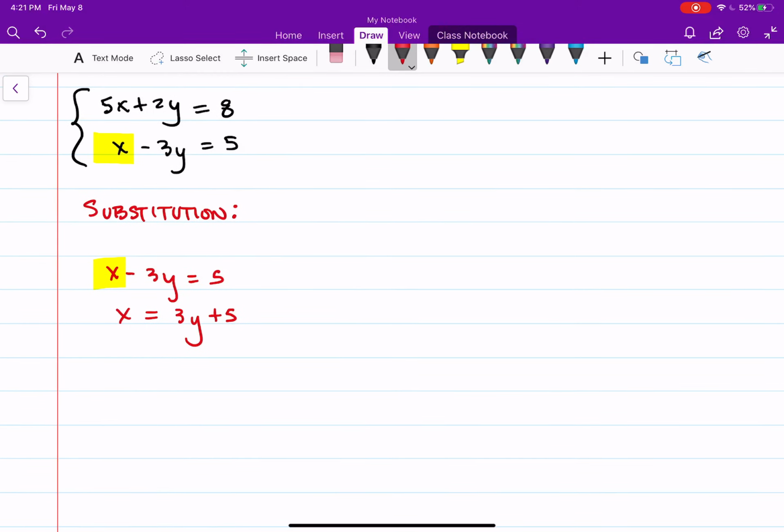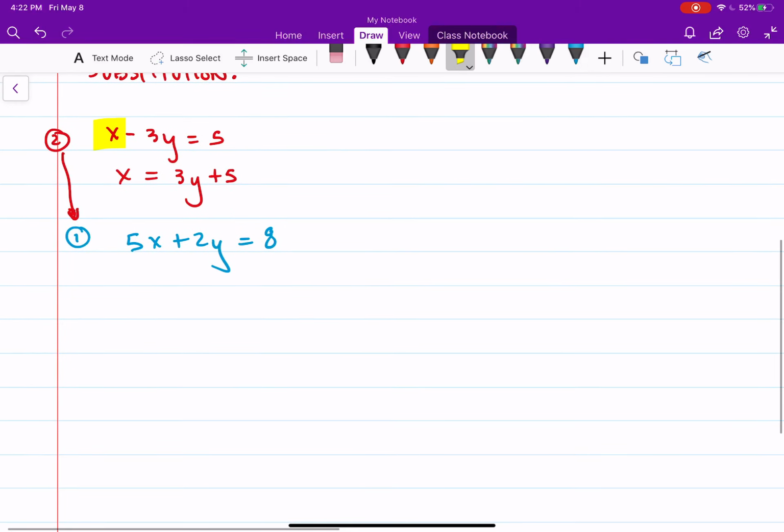Then I want to take that and substitute it into the first equation. This is equation 2, and I want to call the other one equation 1. So I want to take equation 1 and put 2 into it. So 2 is going to go into 1. Let me write this one out: 5x plus 2y equals 8.